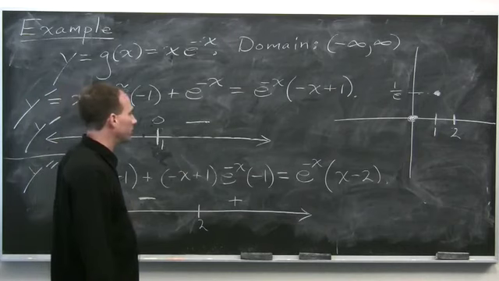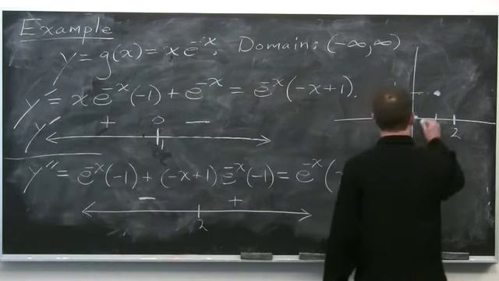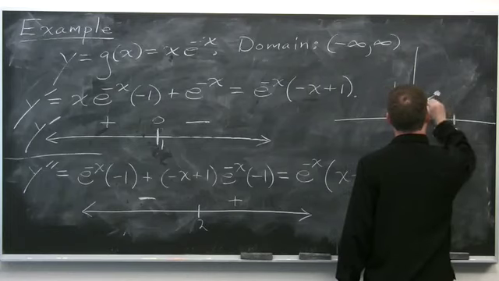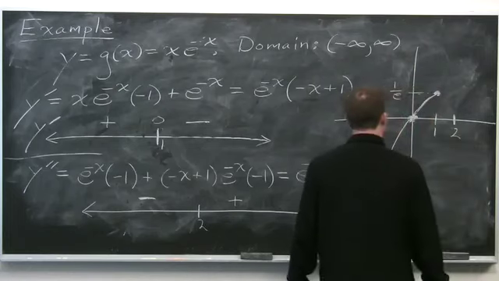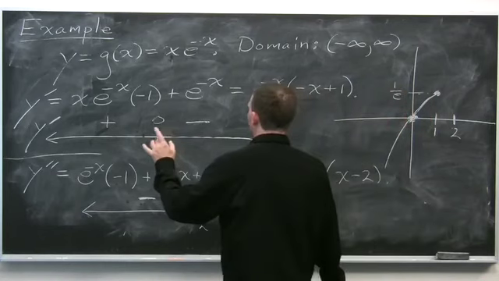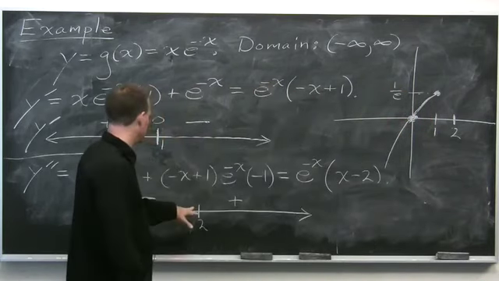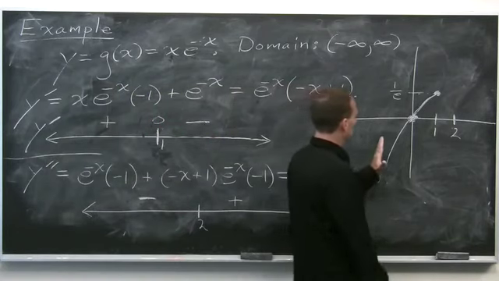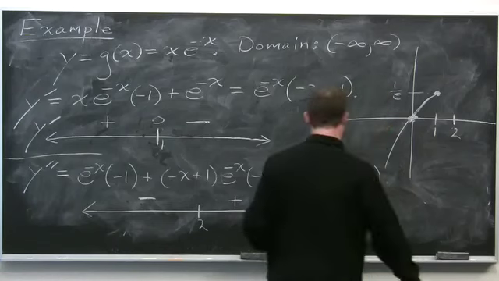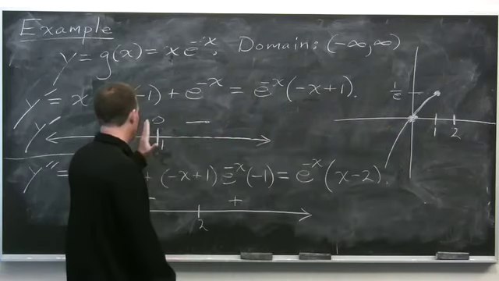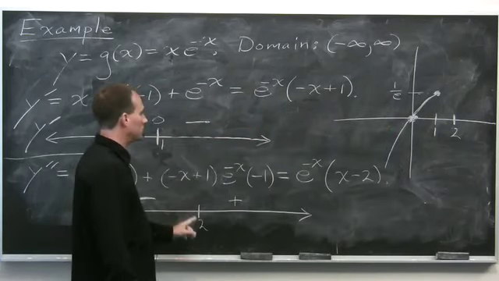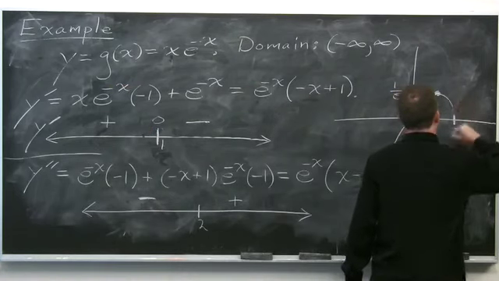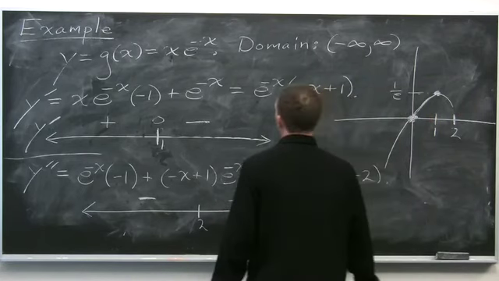It's concave down until 2. So until 1, it's increasing and concave down. After 1, it's still concave down until 2, but it starts decreasing. Between 1 and 2, it is decreasing and still concave down. Does it go below the x-axis?